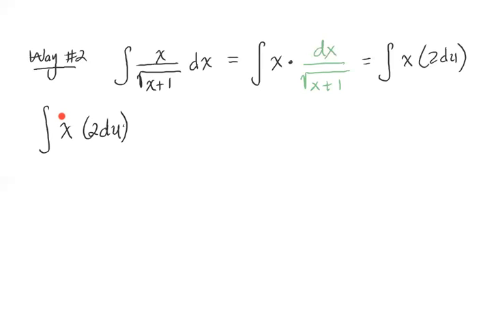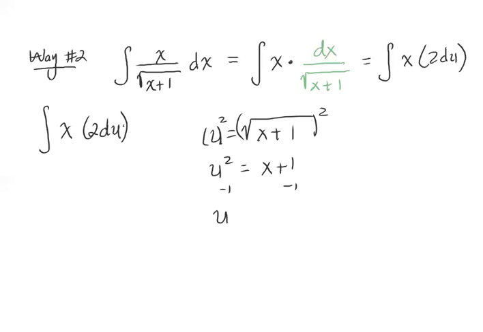Okay. So you might recall that u I called the square root of x plus 1. Maybe let's solve for x. So I'm going to square both sides of the equation to get rid of that square root. That gives me u squared is equal to x plus 1. I'm going to subtract 1 from both sides, and I get that u squared minus 1 is equal to x.